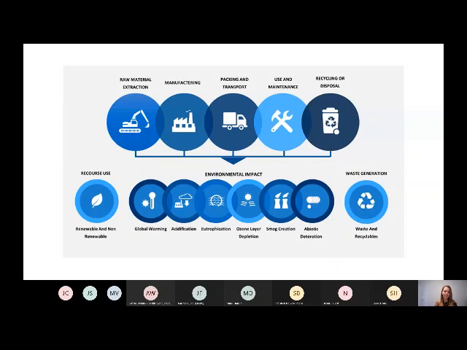Here you can see that LCA takes into account the whole life cycle of a product and all of the stages relevant to it, from the raw material extraction through use and maintenance all the way until disposal. And then it translates these stages into various sorts of environmental impact. Probably the most discussed one nowadays is global warming, but of course there are other sources of environmental impact too.